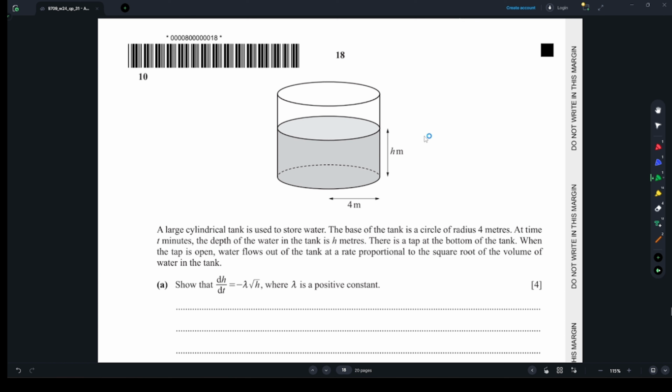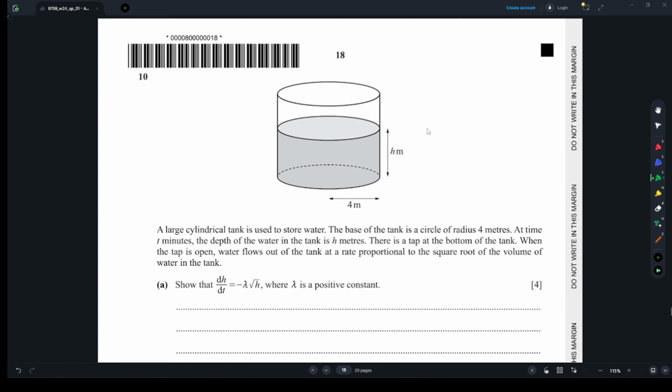So now this is the last question. So let's see what we can do here. We have a large cylindrical tank used to store water. The base of the tank is a circle of radius 4 meters. At time t minutes, the depth of the water in the tank is h meters.